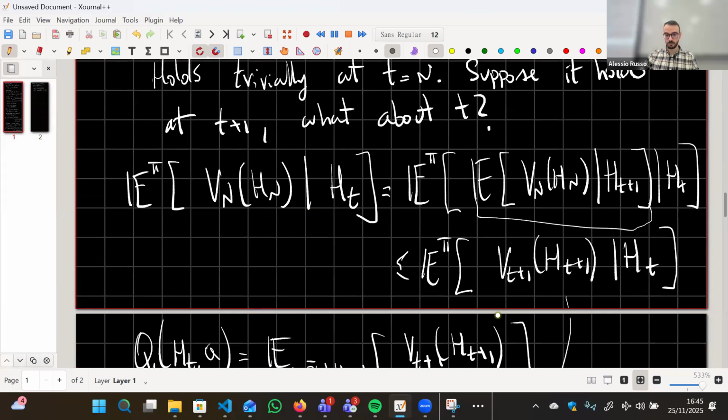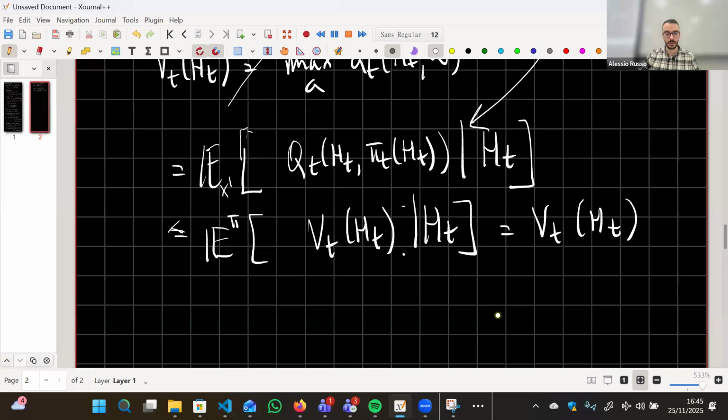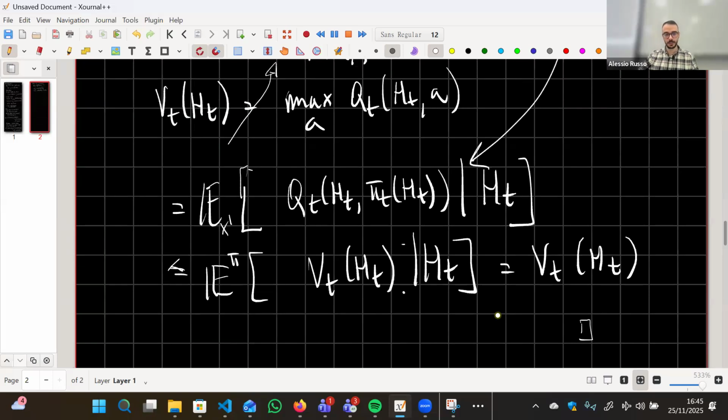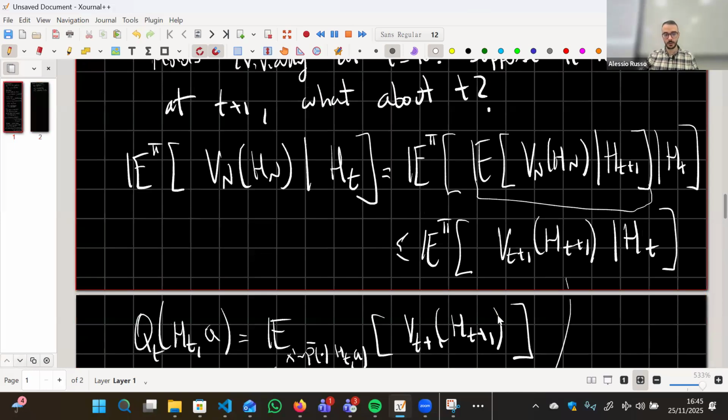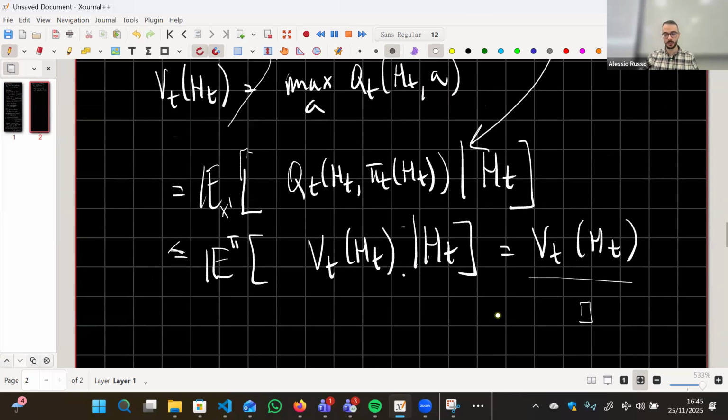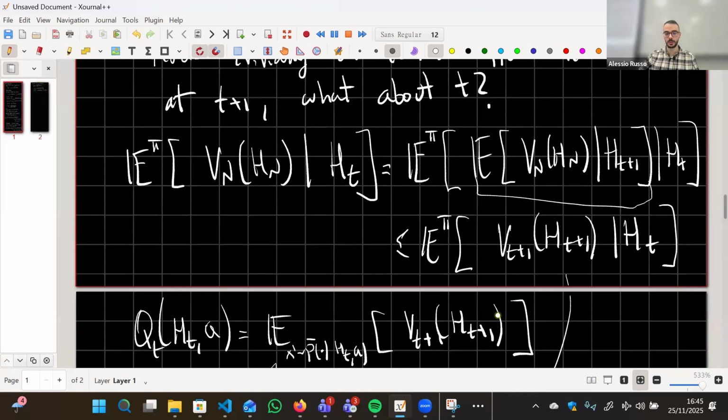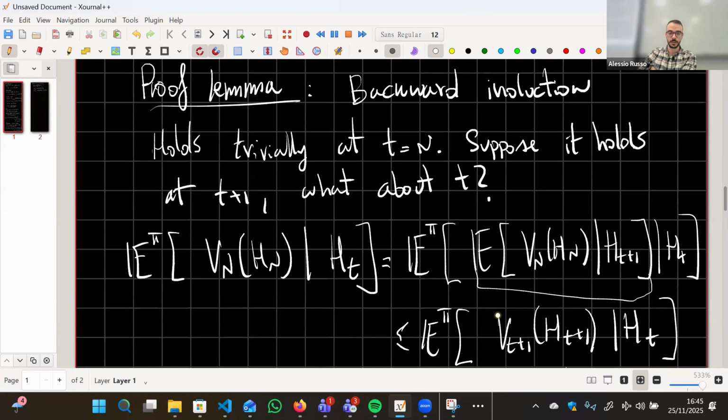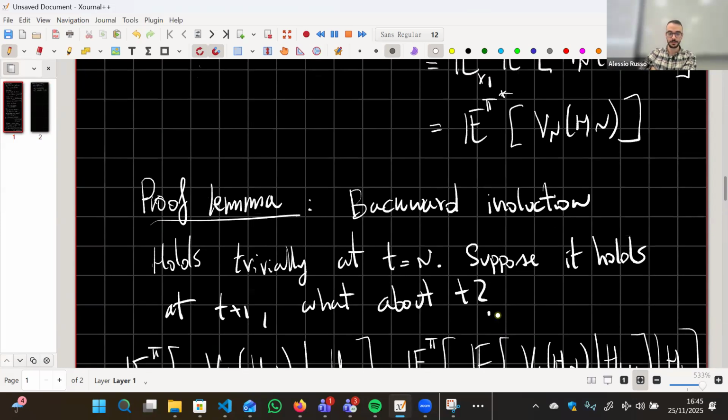So yeah, that's pretty much it for this lemma. We have shown that this quantity for a general deterministic policy is upper bounded by this one, which is what we wanted to show. And the two inequalities hold with equality if we use pi star.